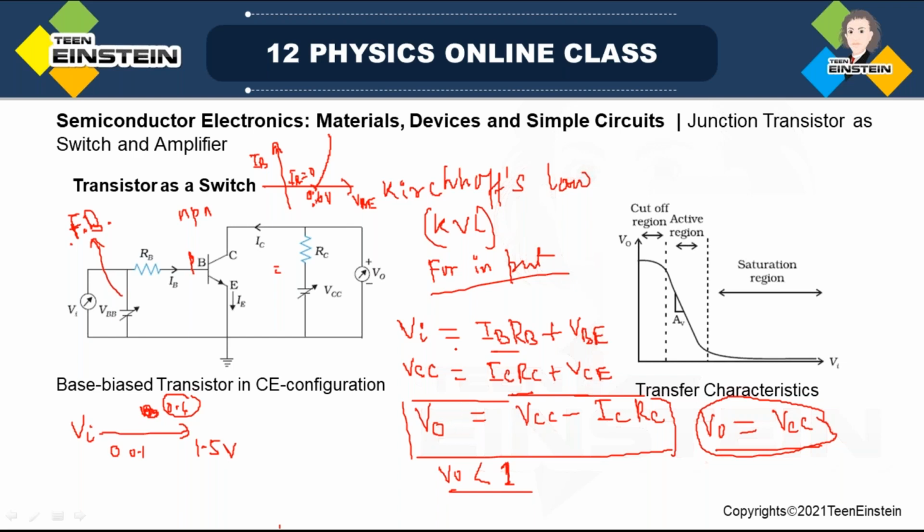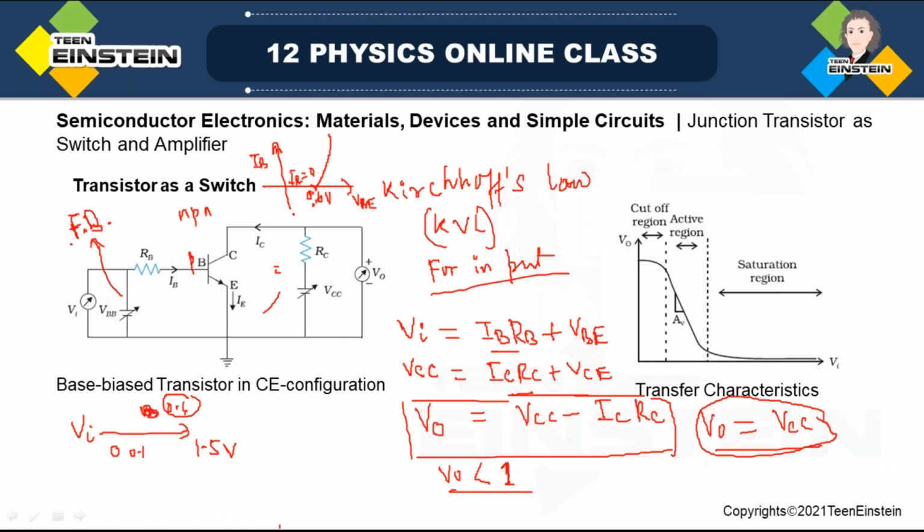Okay, and if the output voltage becomes much lesser than 1, then the output junction also will become forward biased.